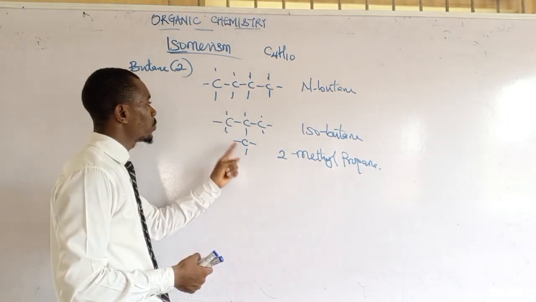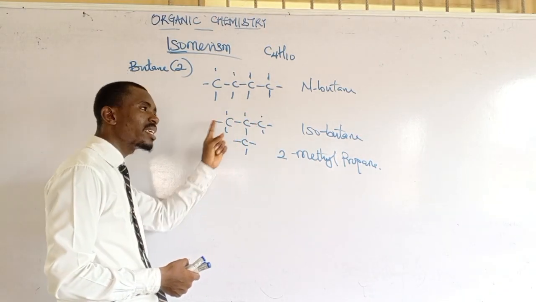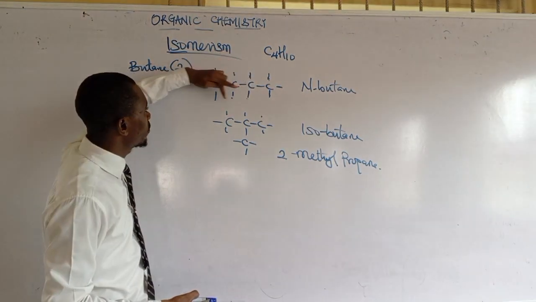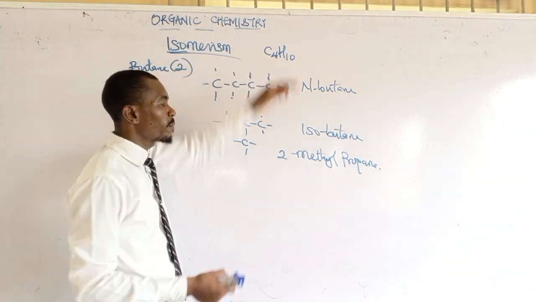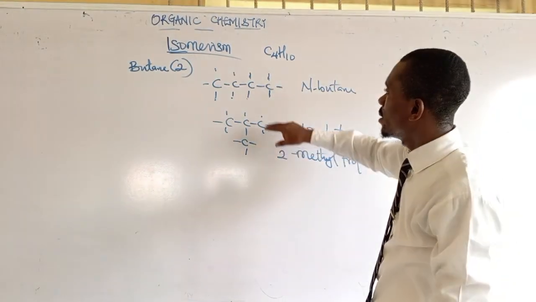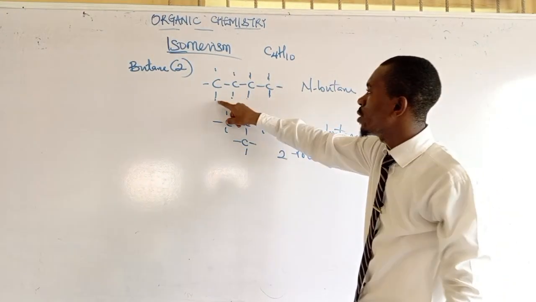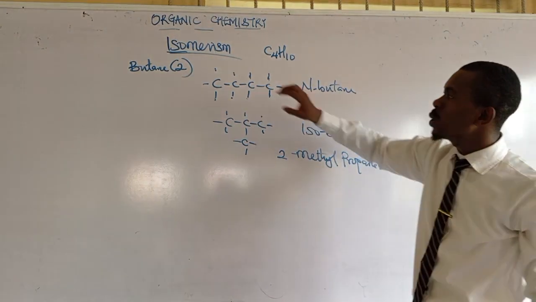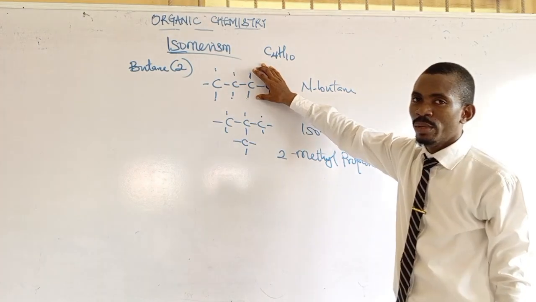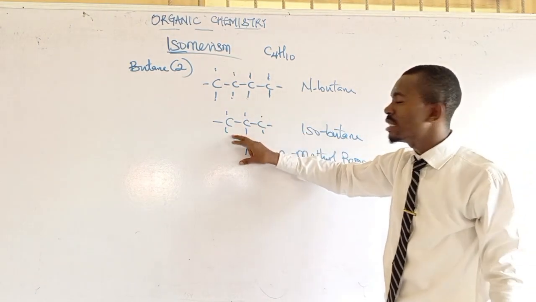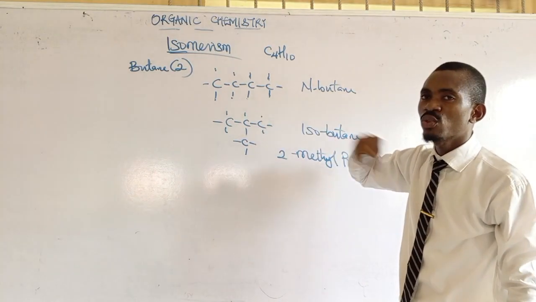So let's see, 1, 2, 3, 4, 5, 6, 7, 8, 9, 10. And here is also 10. Now, when you have isomers such as these two, this has a branching point. This is just straight, no branching point. The isomer that has no branching point has a higher boiling point than the one that has a branching point, which means branching decreases the boiling point of isomers.